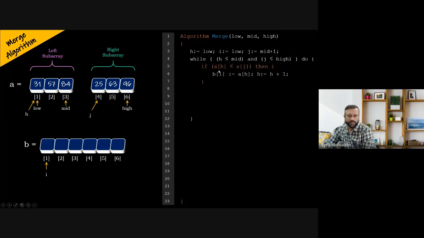Now, if A of h is less than or equal to A of j, if this element is less than or equal to this element, then we store B of i equal to A of h. This is smaller, so store this, and obviously increment h.